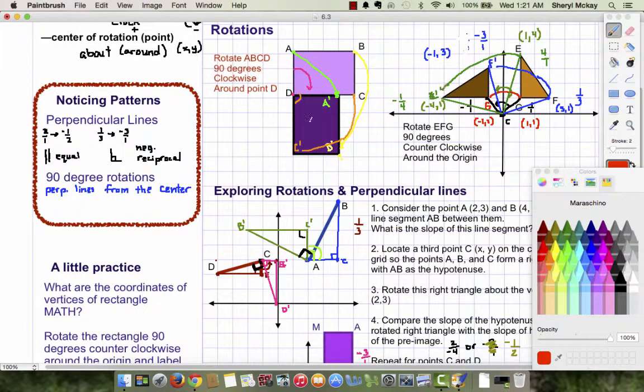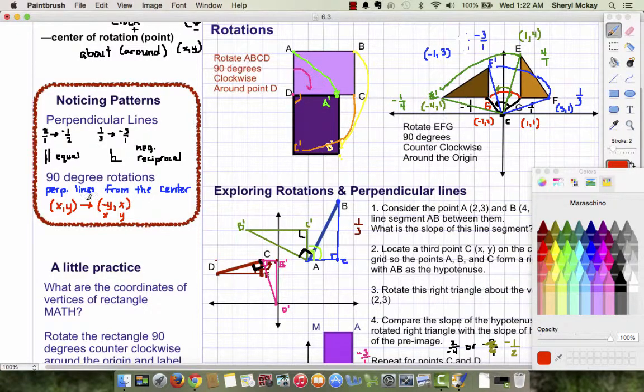So here's another thing that might help you when doing 90-degree rotations. You've got your first point, (x, y). It translates to whatever y was; your x now becomes the negative version of that y, and your y becomes the positive version of that x.